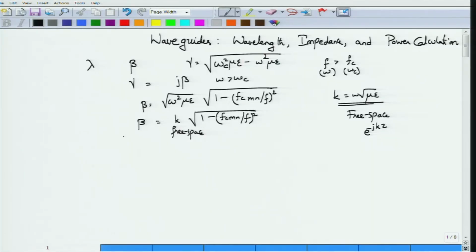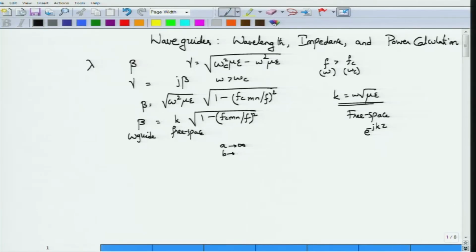So, this is the propagation constant for the waveguide, which would be the propagation constant for free space multiplied by this factor. Of course, if you take the waveguide and start expanding a to infinity and b to infinity, you would essentially end up with free space propagation, correct, because a and b going to infinity will cause the cutoff frequency fc to go to 0.